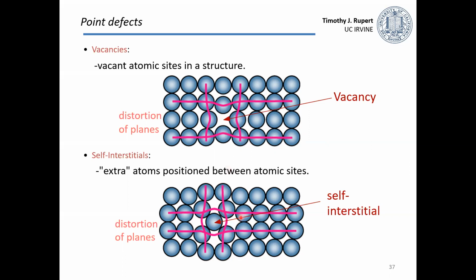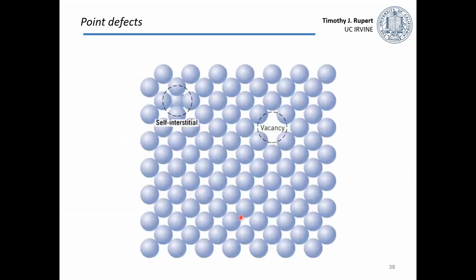So we'll have different stress states around that defect. This image is just showing how these things can be related. For example, that atom that was in the crystal structure can move out and form a self-interstitial. In contrast, if this self-interstitial can find its way to the vacancy, these defects can go away.